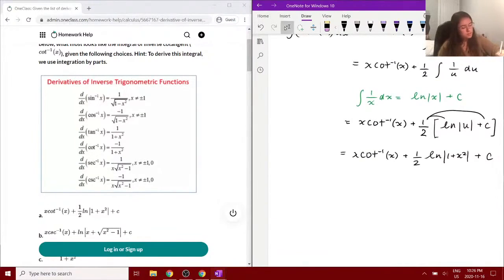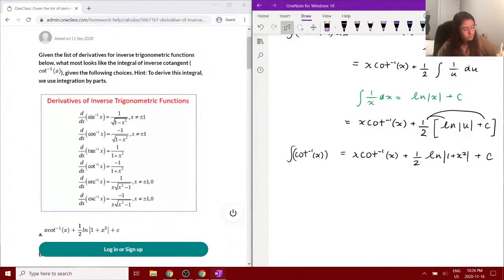So this is the final answer for the integral of the inverse cotangent dx. All right, double checking, and that looks good. And that's our final answer.